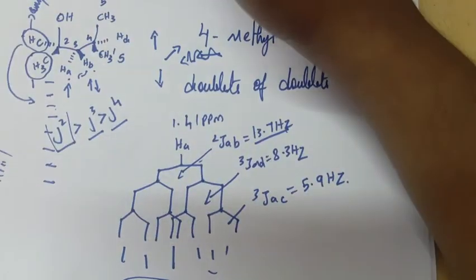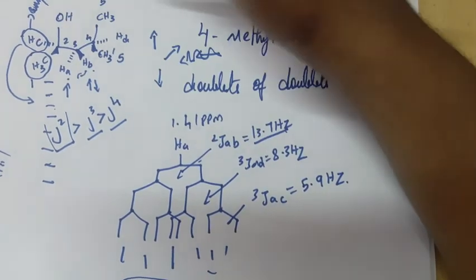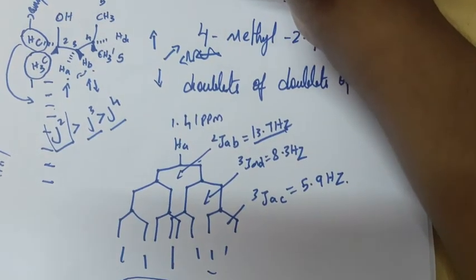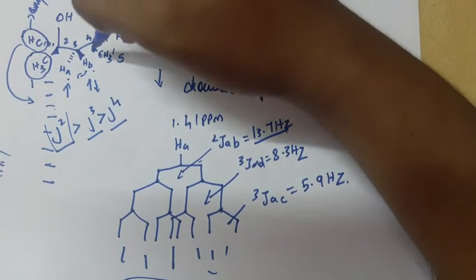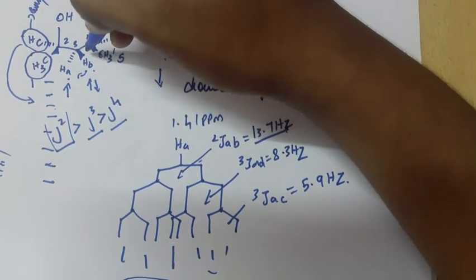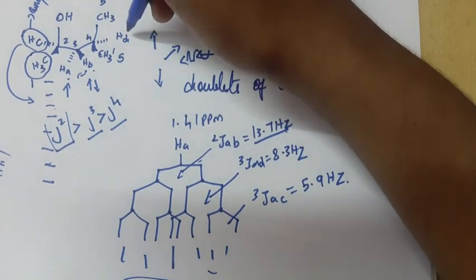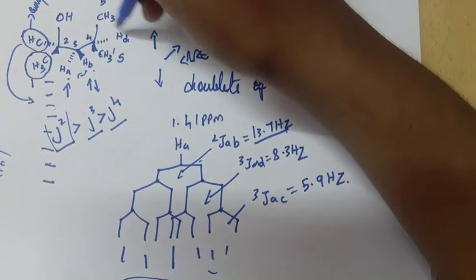That's how this compound is going to give a spectrum in NMR. We have 2 doublets because of this, and then another complex spectrum because of HD and HC.